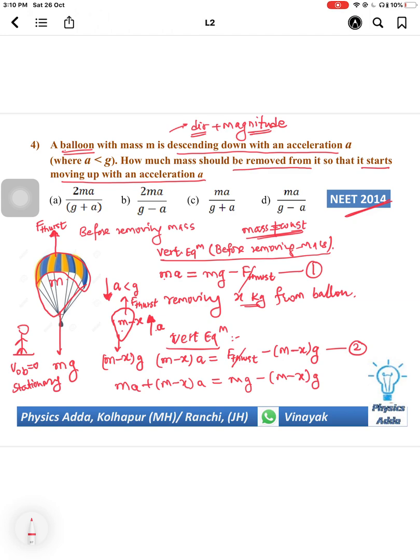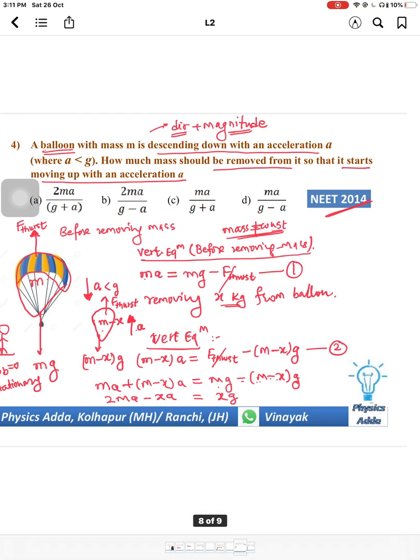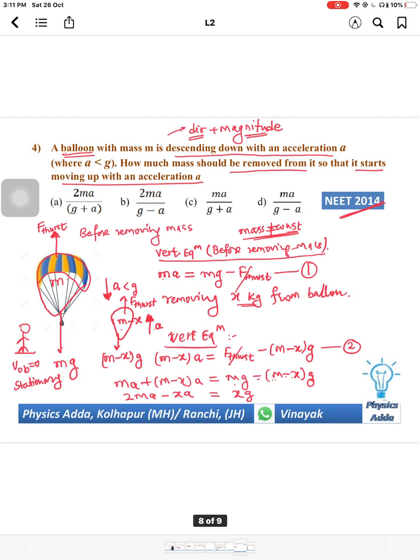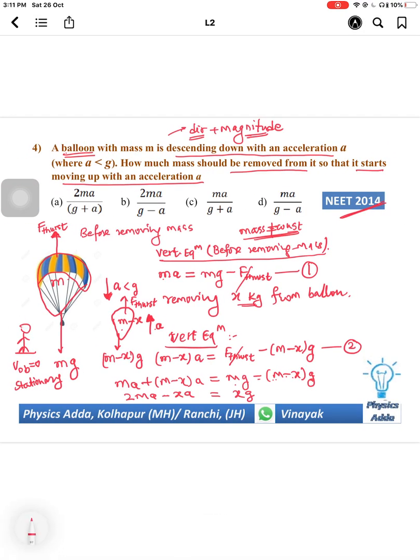So this becomes 2ma minus xa is equal to, mg minus mg gets cancelled, and this becomes x into g. Minus minus becomes plus. So the equation is 2ma minus xa is equal to xg.